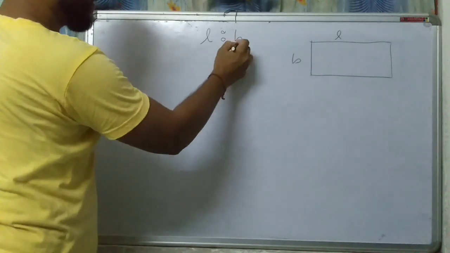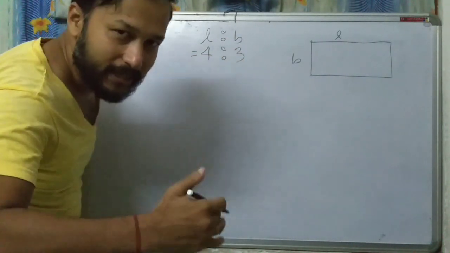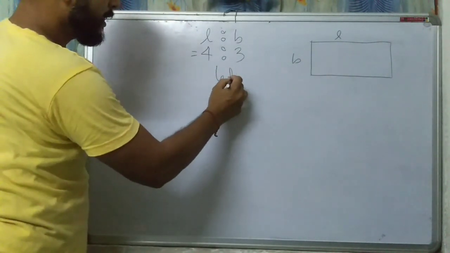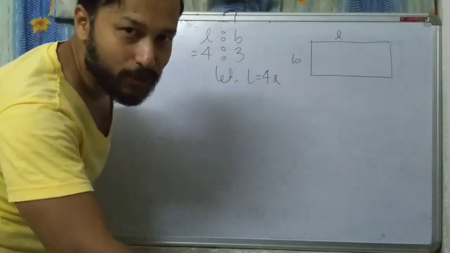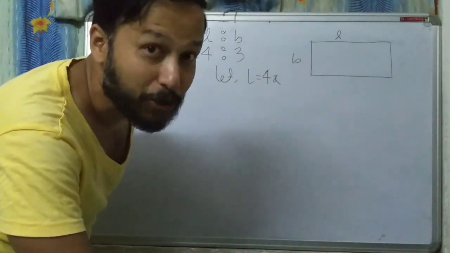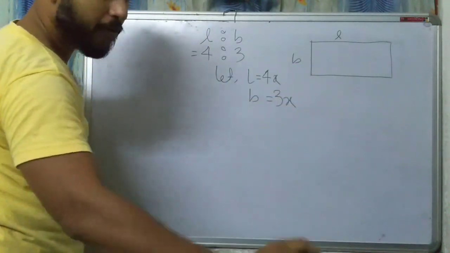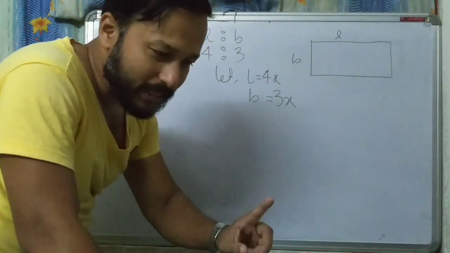In that case, we will write let length equal to 4x and breadth is 3x.